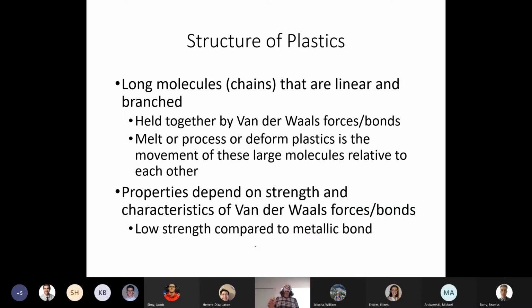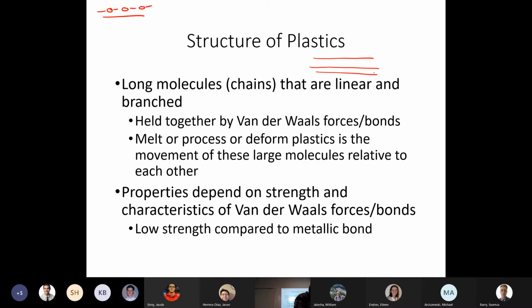Okay, so if you remember, when we talk about polymers, the long molecules or the chains, we're referring to how that repeat unit is arranged. So if I have my repeat unit identified by a circle, and then I get even lazier and just have it as a line, we can talk about a linear polymer.